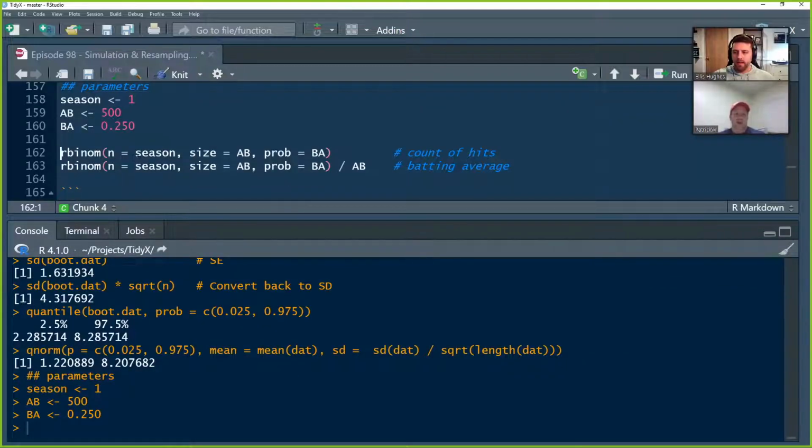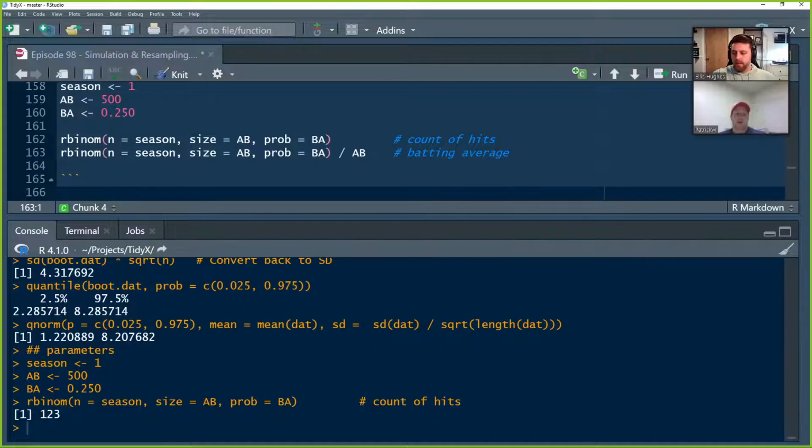So we set those parameters, and we can run this in our cool rbinom function that we talked about last week. That's going to return the observed number of hits, the observed number of successes, given the parameters, which are the probability of success, which is 0.25, and the sample size, which is 500. And we set n to be 1 because it's only one season's worth of data.